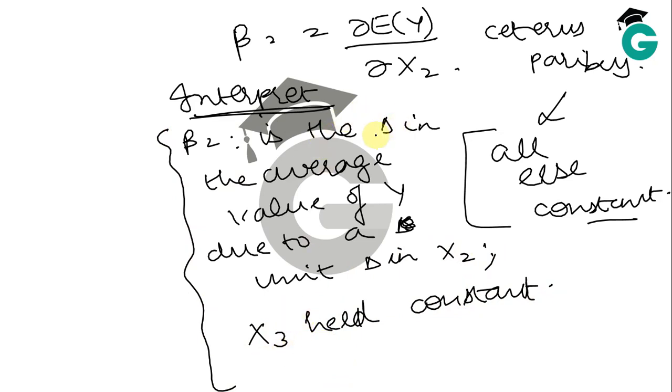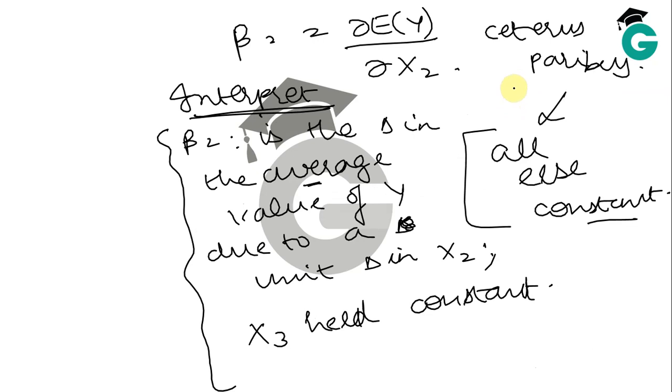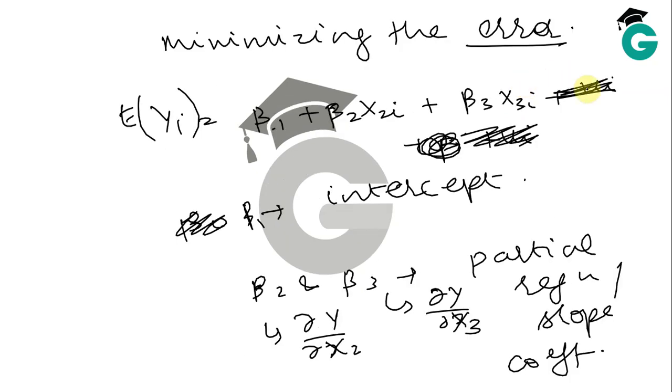It is important that you talk about the change in the average value of y. That's just the way you define this. It's expected yi or yi. If you say expected yi, then the error term goes away, so you only have beta 1 plus beta 2 x2i plus beta 3 x3i. That's the only difference. Why does this go away? Because according to your first assumption, the expectation of ui is in fact 0.